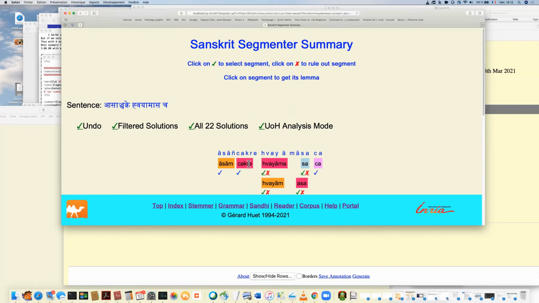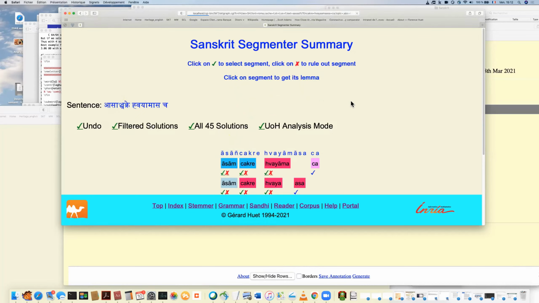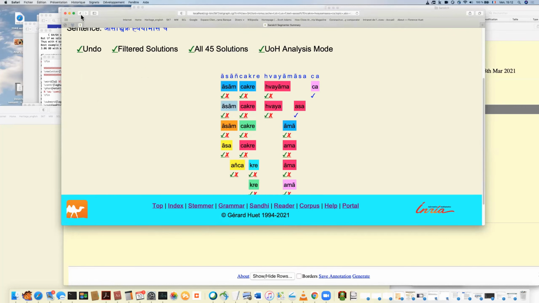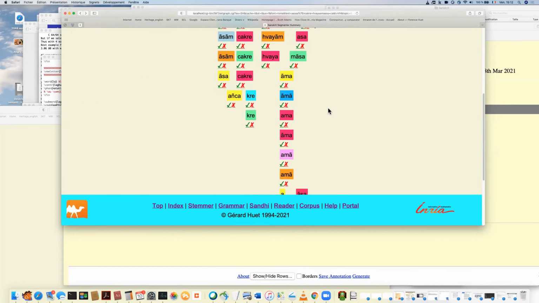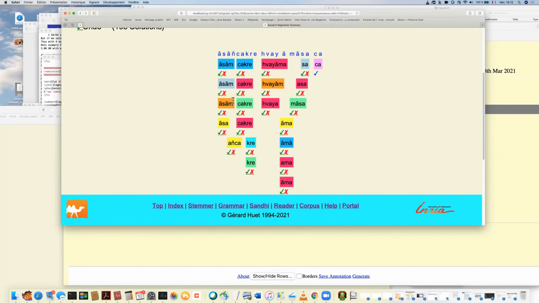So this "asa" is not a standalone thing, it's a compounding, compounding with the ending. Similarly, if I click here on this orange thing, then there will be no choice.